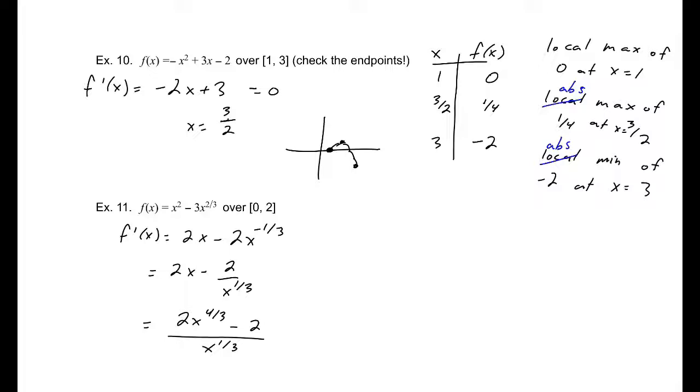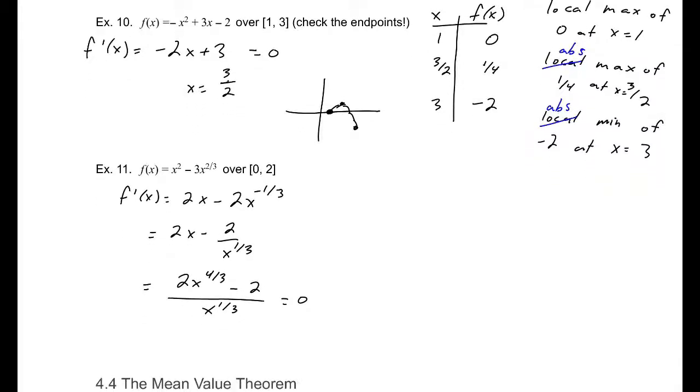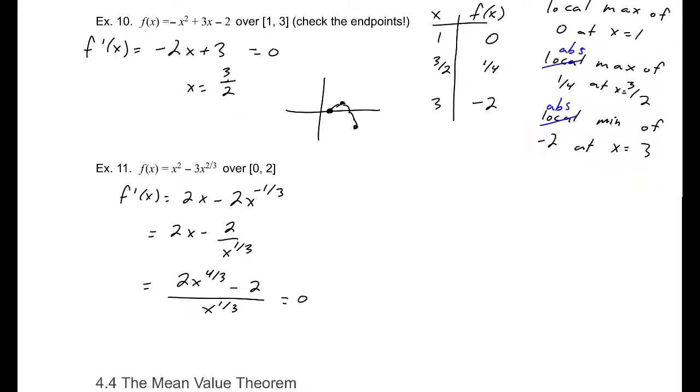Now, setting that equal to 0, a little bit of algebra tells us we have values at plus or minus 1, where it's going to be 0, and it's going to be undefined at x equals 0. So let's go ahead and evaluate each of those.